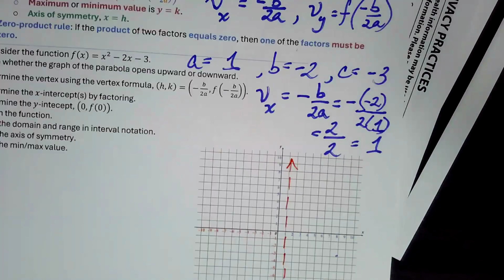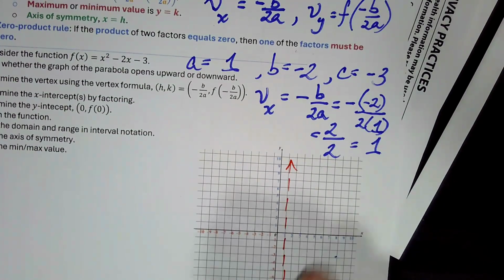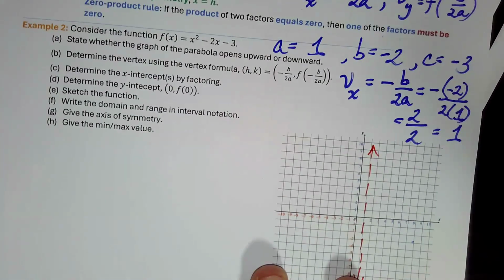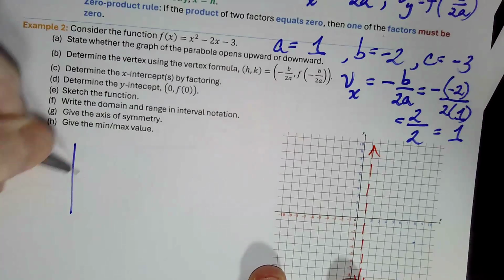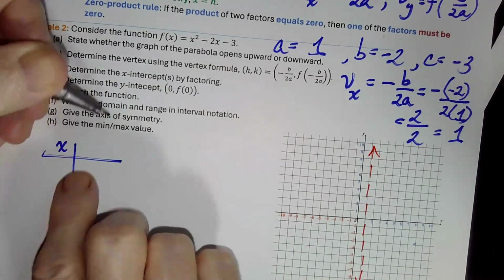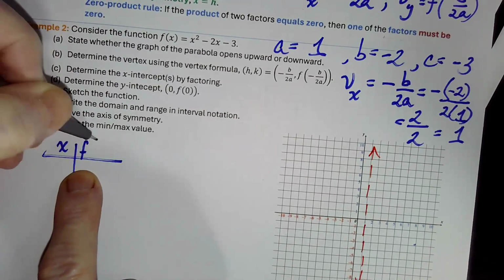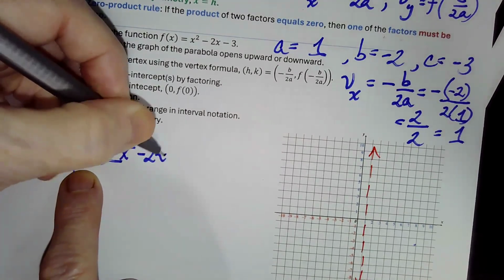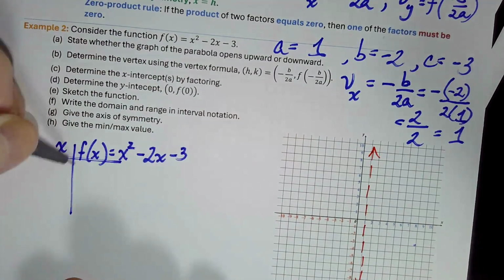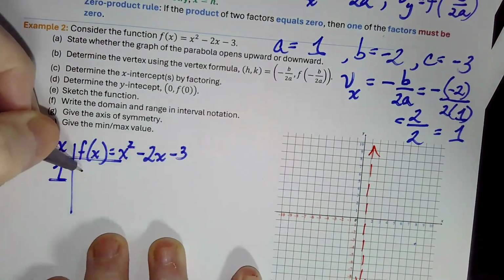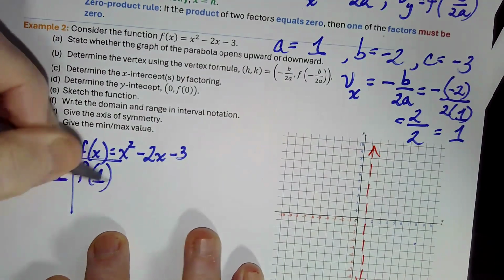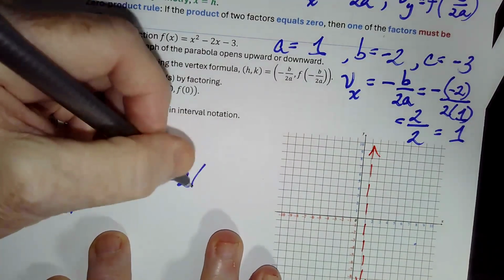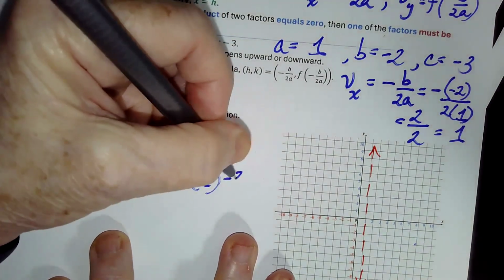Groovy. To find the y-coordinate of the vertex, we're going to plug 1 into the function. So we have f of x is x squared minus 2x minus 3, and we are plugging in 1. So f of 1 is 1 squared minus 2 times 1 minus 3.